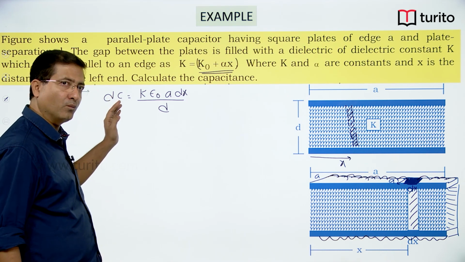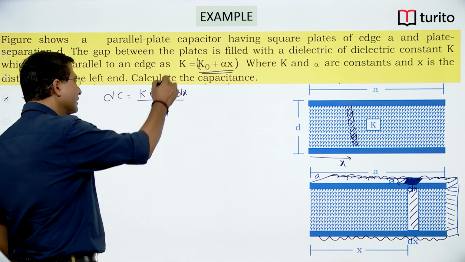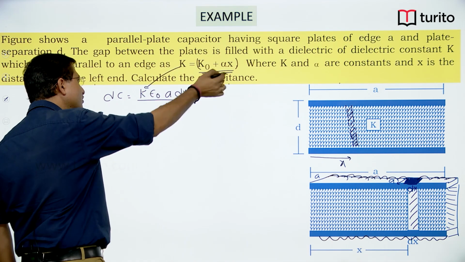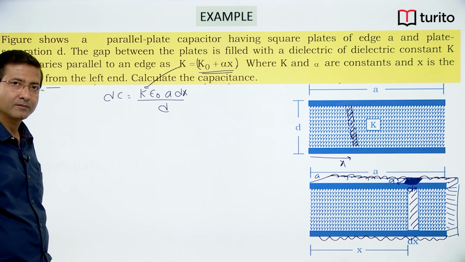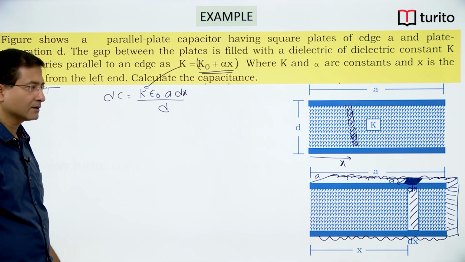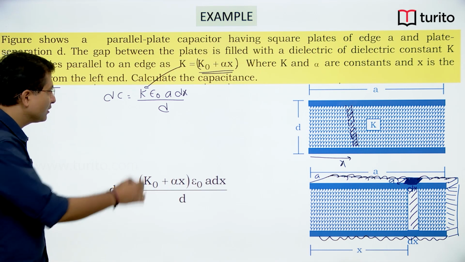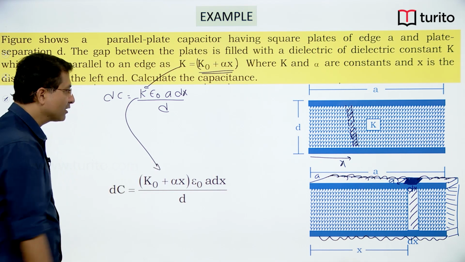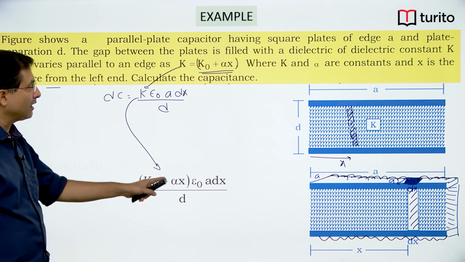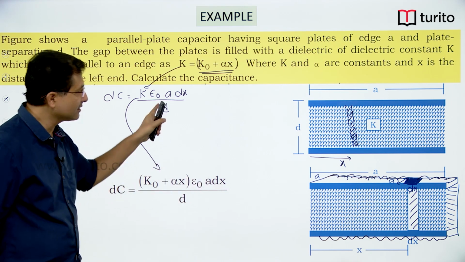In this situation, as the dielectric constant is varying continuously, I can use integration to add all the dCs. So dC is equal to, in place of K, I can write K naught times 1 plus alpha x, times A dx divided by d.